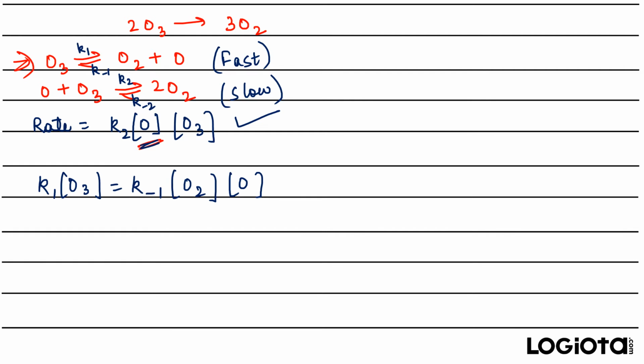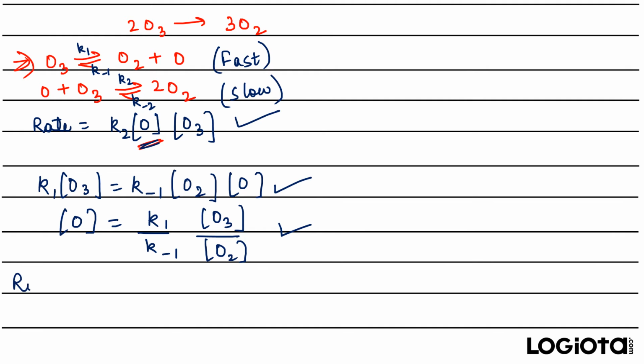So we can write this equation as [O] will be equal to K1 over K minus 1 multiplied by O3 upon O2. Right? Now we will put this equation in the first rate law.